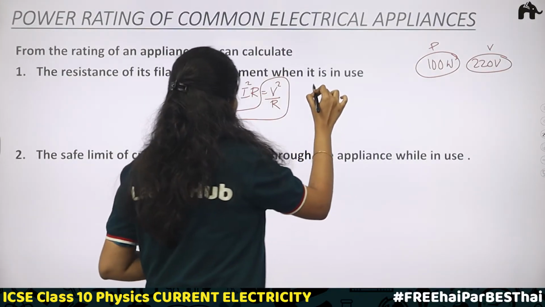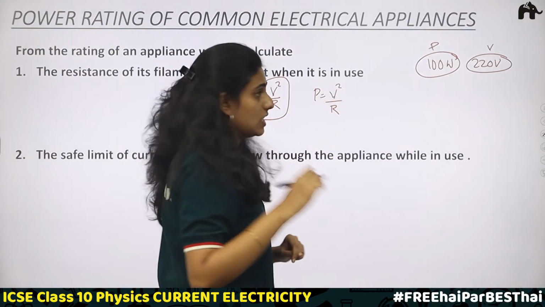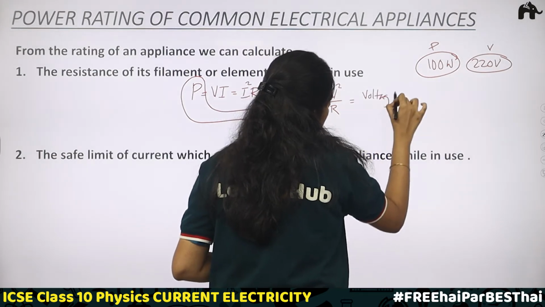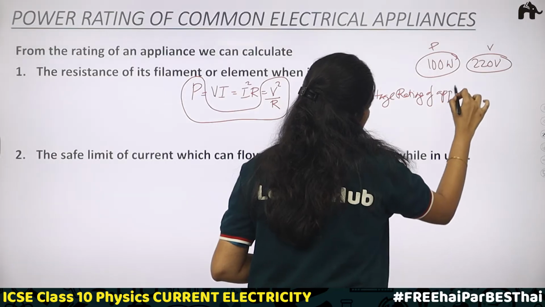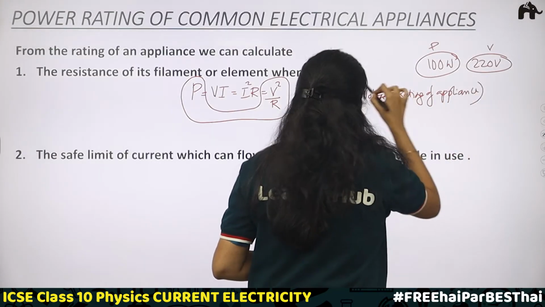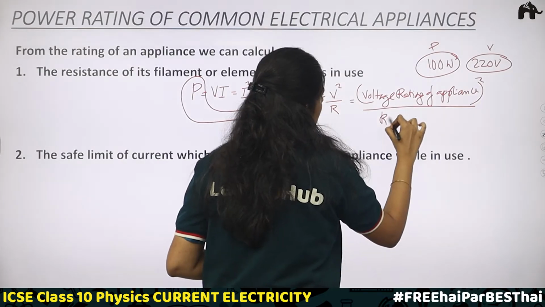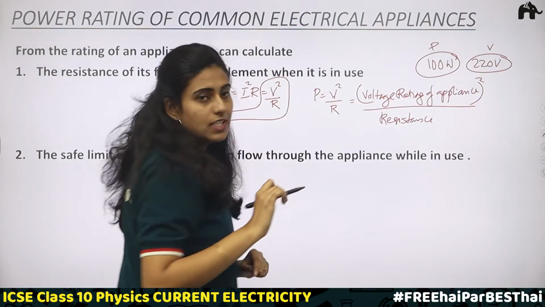Power is equal to V square divided by R, which means the voltage rating of the appliance squared divided by resistance will give the power rating of the appliance.